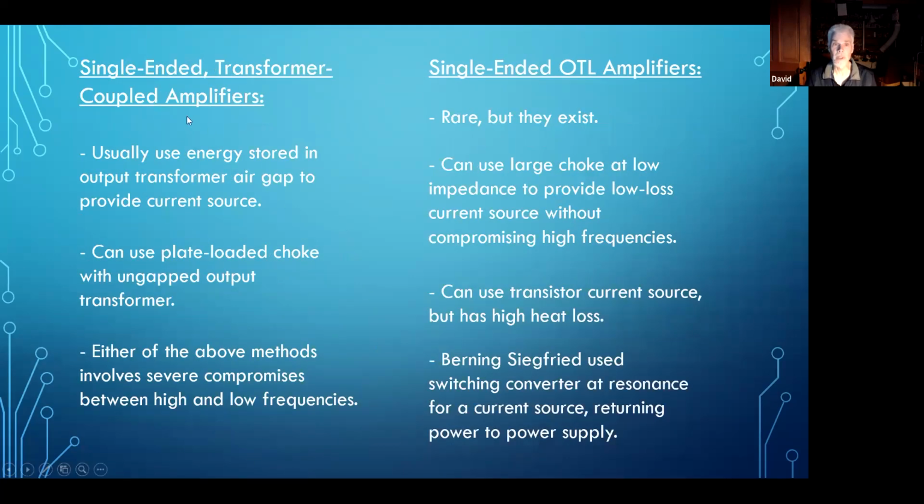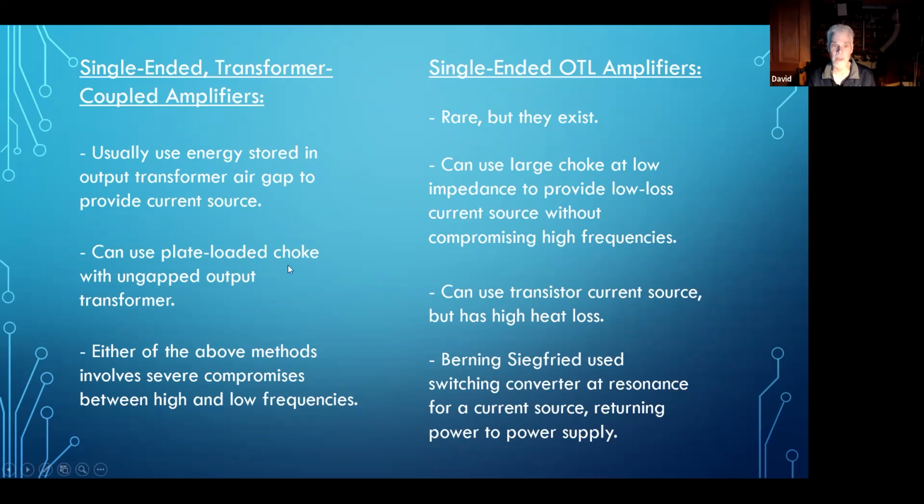So if you have a single-ended transformer coupled amplifier, usually the energy that you need to return the speaker and to drive the speaker in the other direction, you store in the output transformer air gap. That's why output transformers for single-ended transformer coupled amps have an air gap, generally speaking.